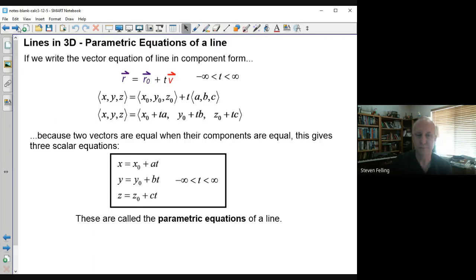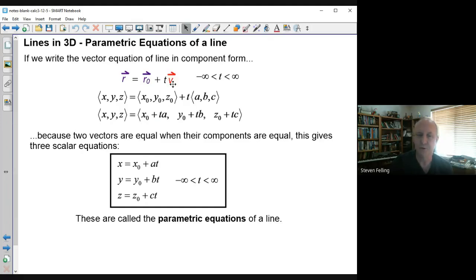All right. So if we take that vector equation and write out the components of these vectors, the r vector is the generic x, y, z. The r0 position vector is x0, y0, z0. And the v vector is a, b, c.